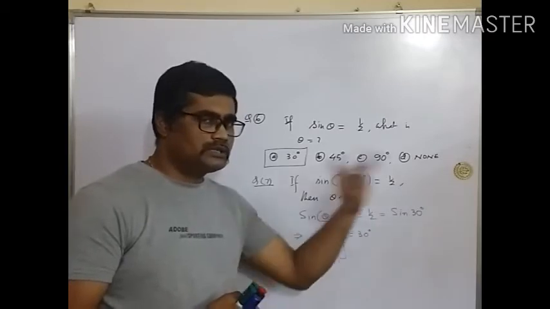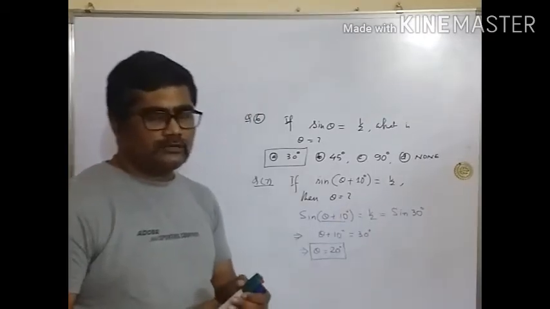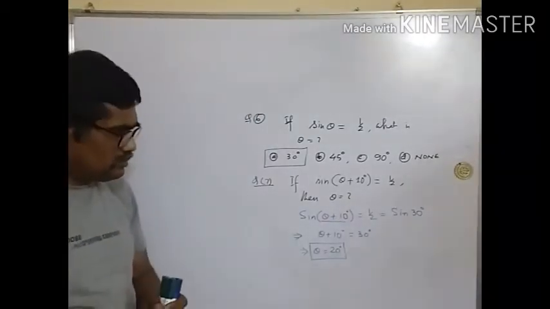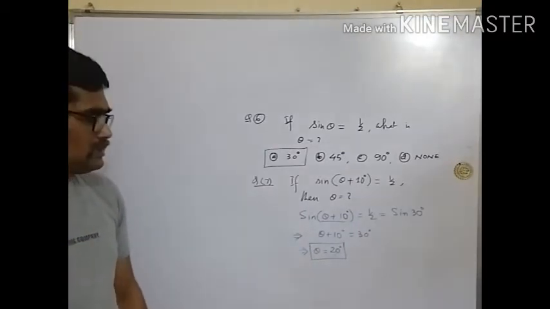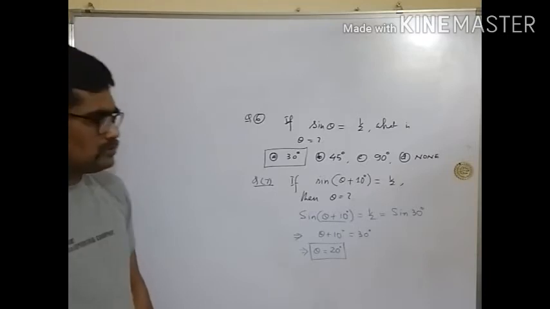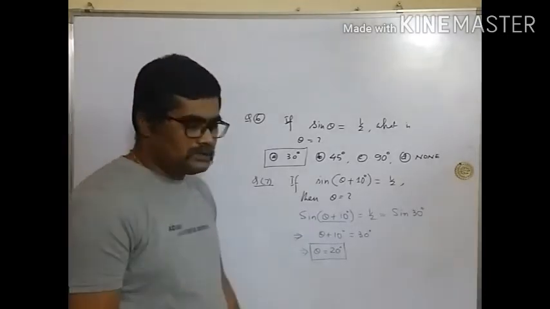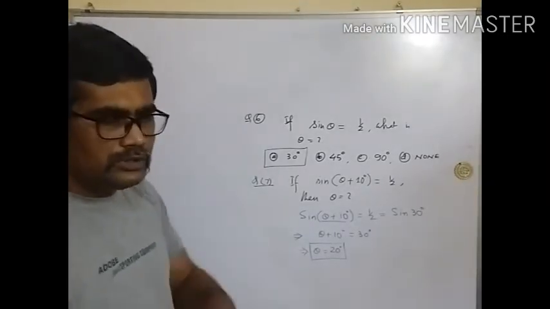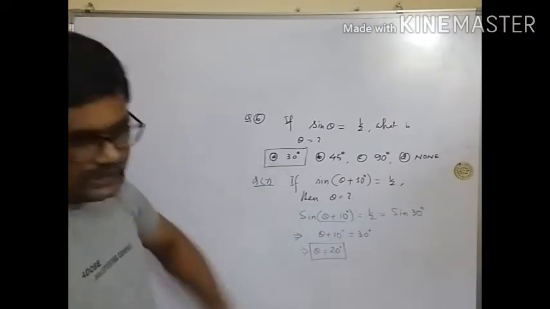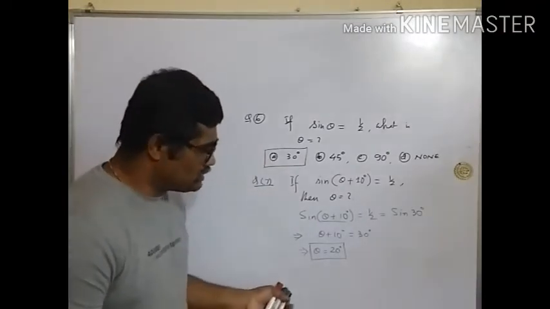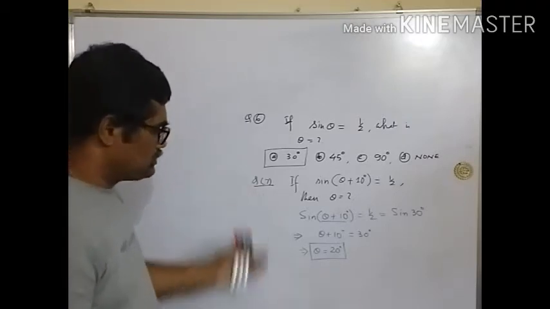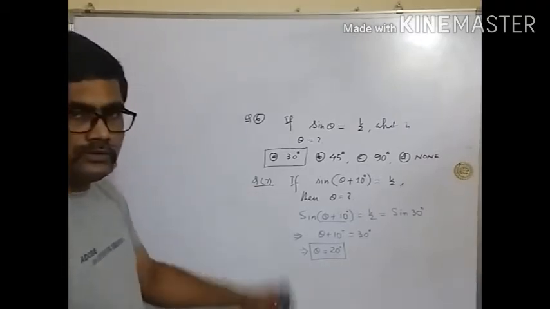You may be getting an infinite number of options for theta. But what we opt is strictly up to class 10. So that is a note to be mentioned. You need not bother about that. I have to bother because I'm explaining it. Somebody might ask a question. So this is the option.